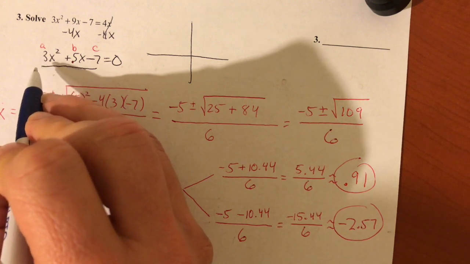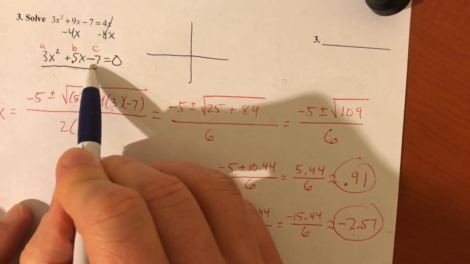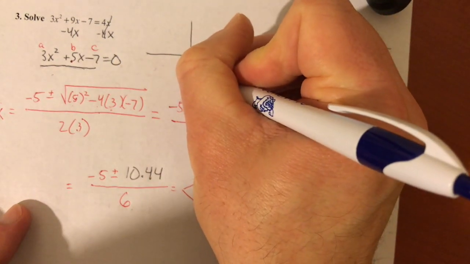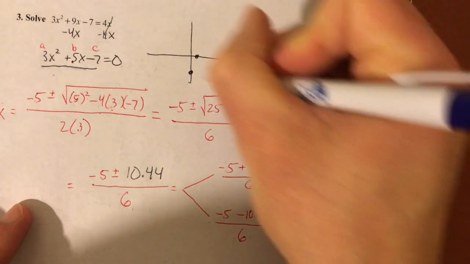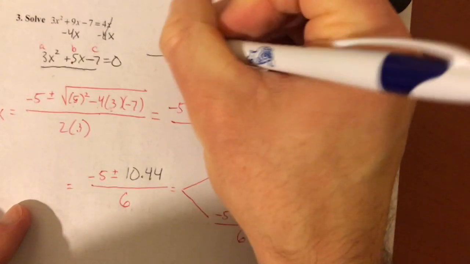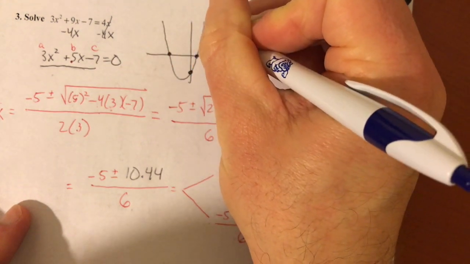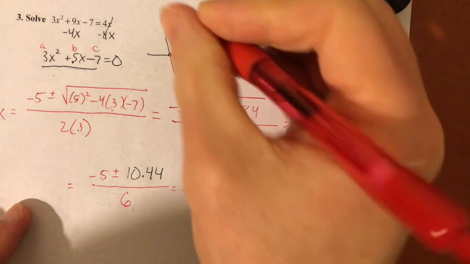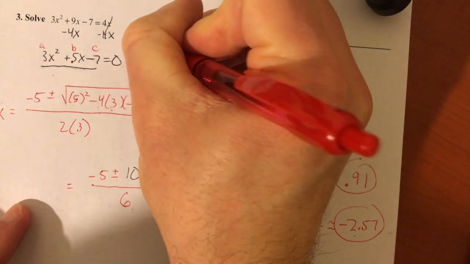But I know that it's going to cross the x-axis at negative 2.57 and positive 0.91. It'll have a y-intercept of negative 7 if you like. Those are the answers we just found, and that's the ultimate thing to remember with this, is that's what you're finding. You're finding these zeros.